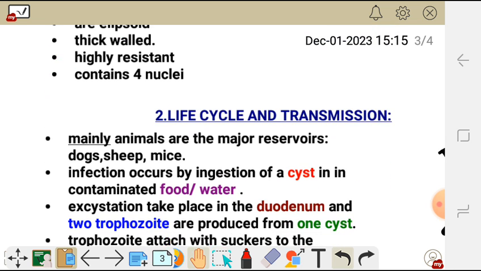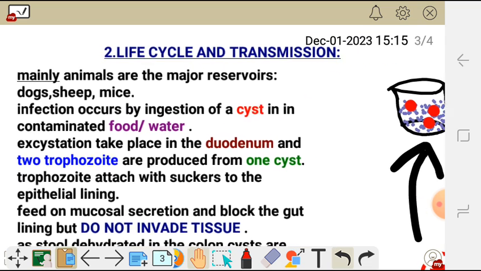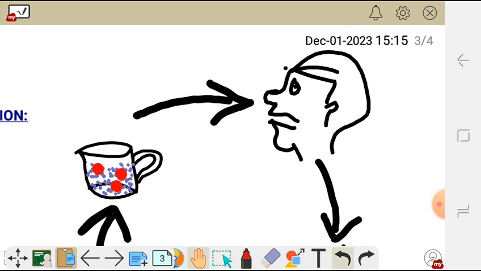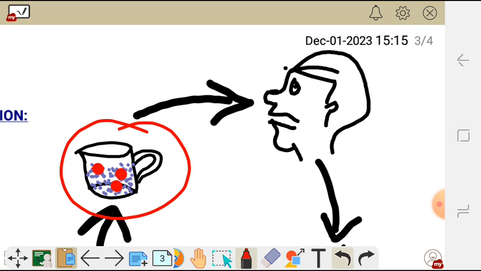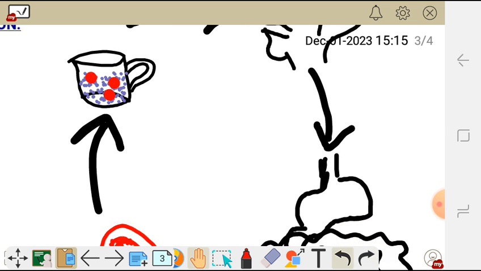Now let's look at the life cycle and transmission. The life cycle begins by ingesting a cyst. You take a cyst in contaminated water, okay, then that cyst, after being taken, will go into the stomach.